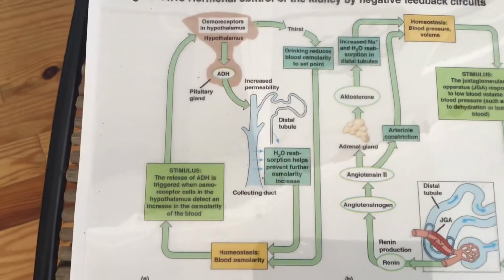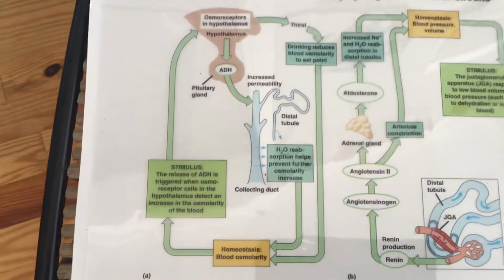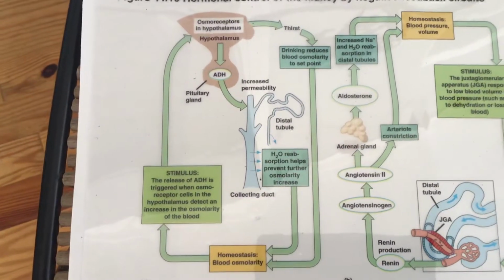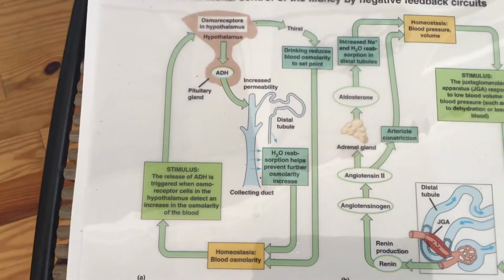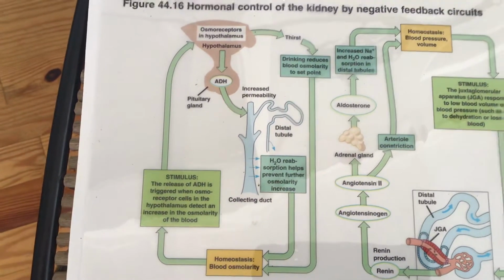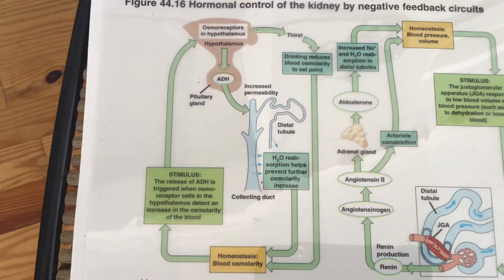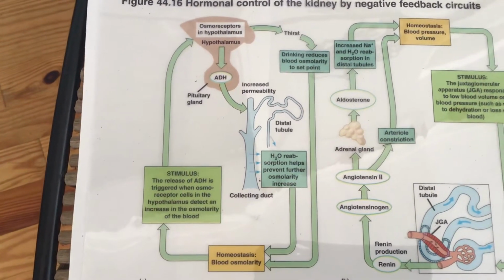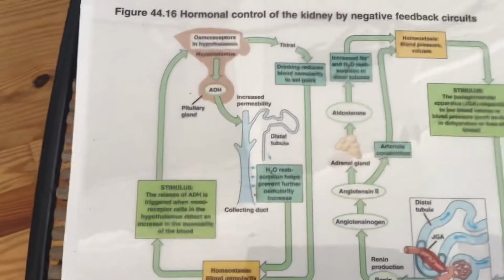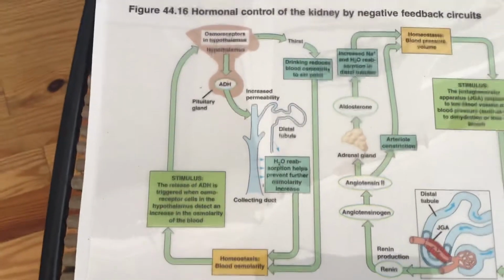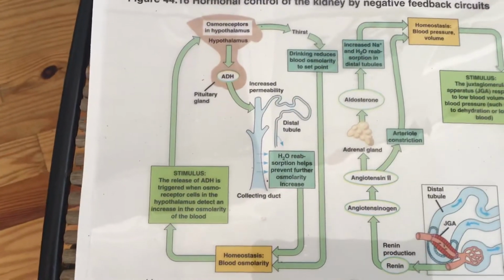So even if your osmolarity was high and you needed to absorb more water, alcohol and caffeine would interfere with ADH and cause you to absorb less water. All right?